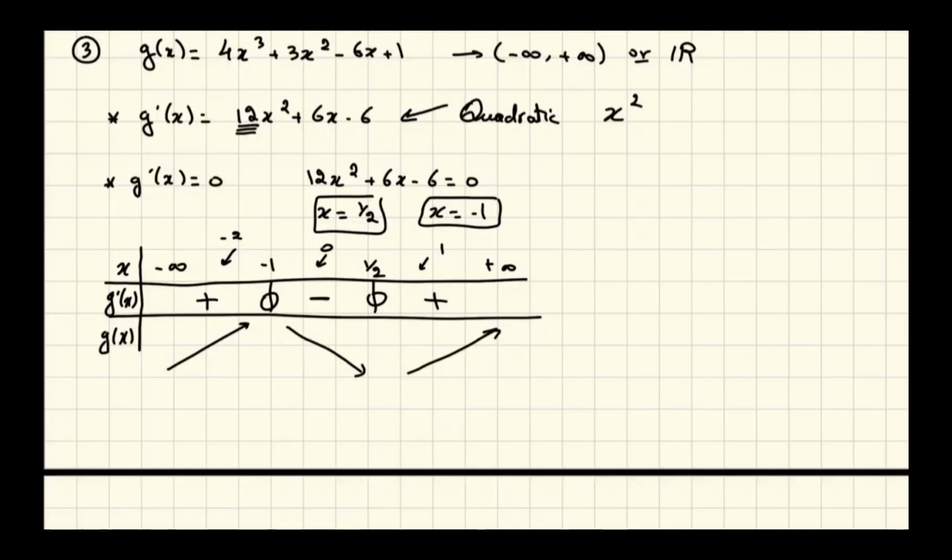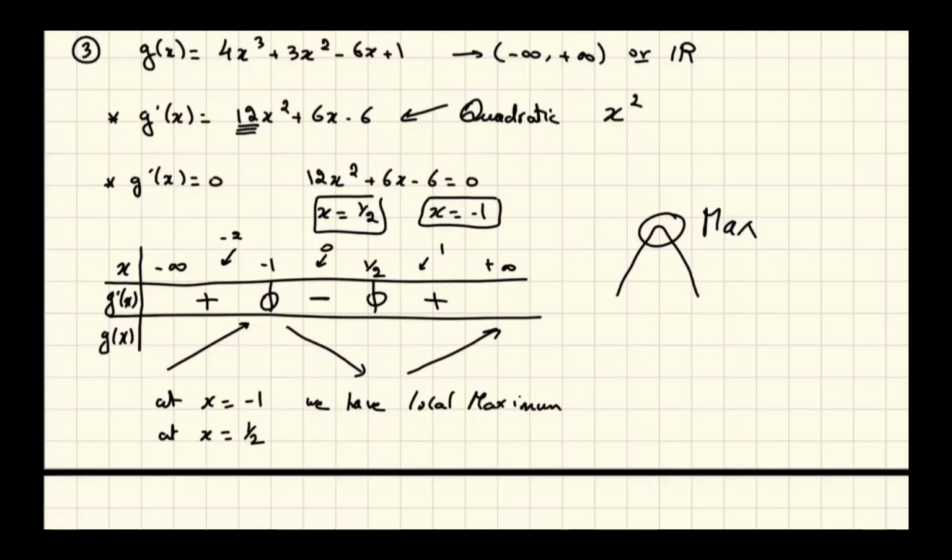As we can notice, at x equals -1, it's a maximum because it's going up then down. So this is a maximum. So at x equals -1, we have a local maximum. At x equals half, we have a local minimum.